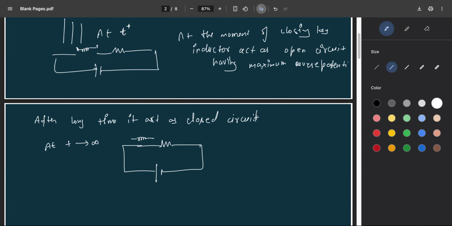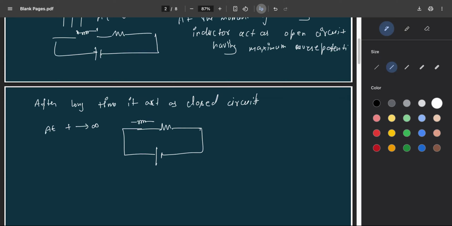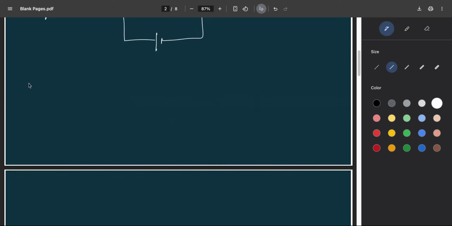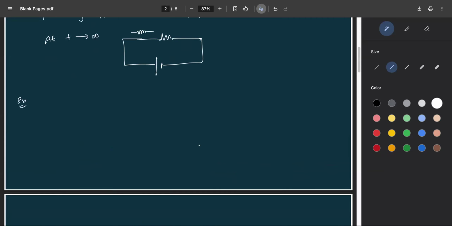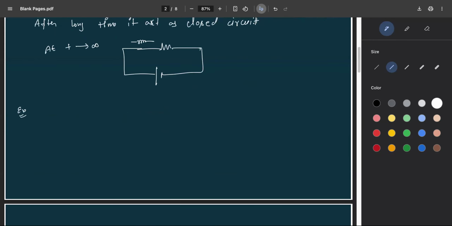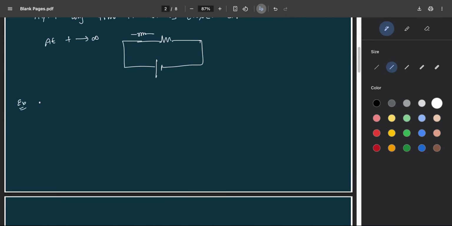We can move to the problem solving part, okay? It will give you better understanding. If you understand this previous thing, which we discussed, is it clear? Yes. Okay. So assume we have a simple circuit, okay?